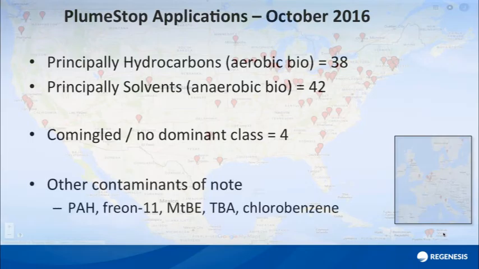And among the other contaminants of note, beyond the usual suspects like chlorinated ethenes, ethanes, petroleum products, BTEX, etc., were PAHs, Freon 11 refrigerants, MTBE, very good results actually for MTBE, which surprised me because its sorption is quite low, tertiary butyl alcohol, chlorobenzene.